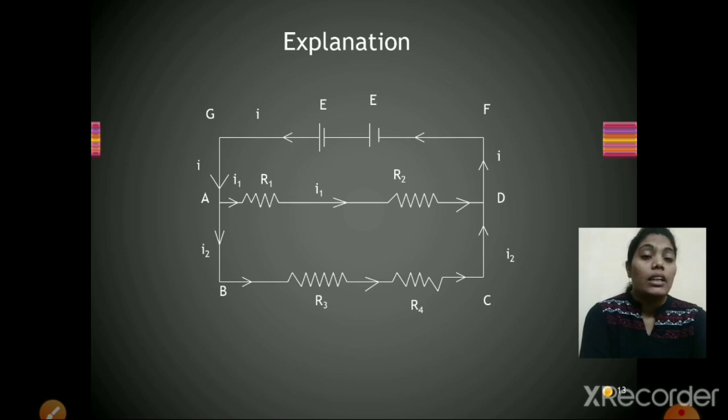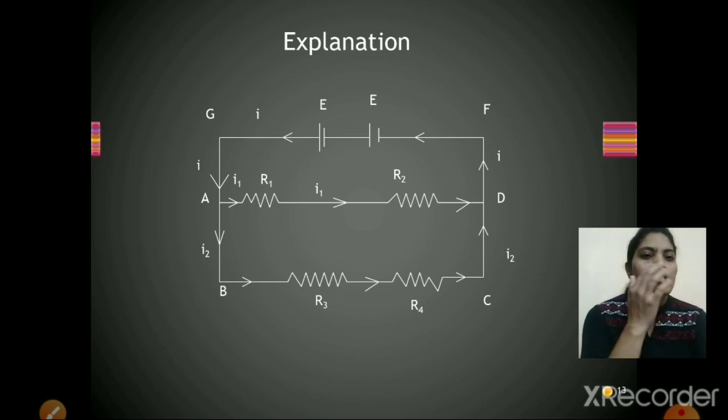Now the loop is A, B, C, D, F, G and A, so that it is completely closed. You can see two EMFs. We can take them as E1 and E2. Now you can see there are four resistors, R1, R2, R3 and R4.